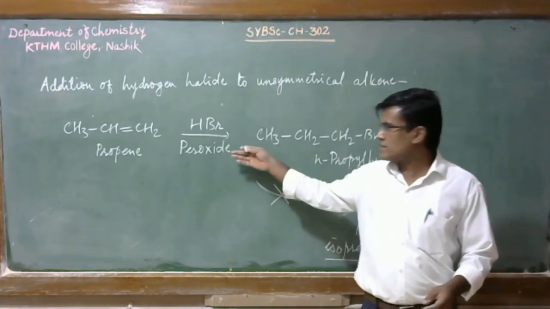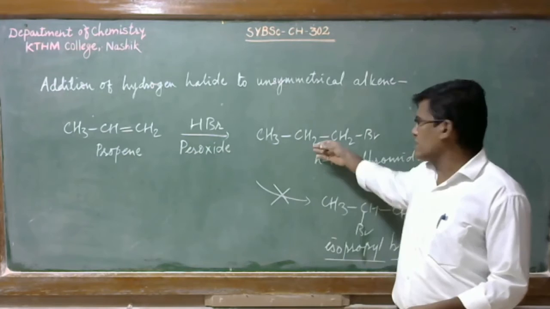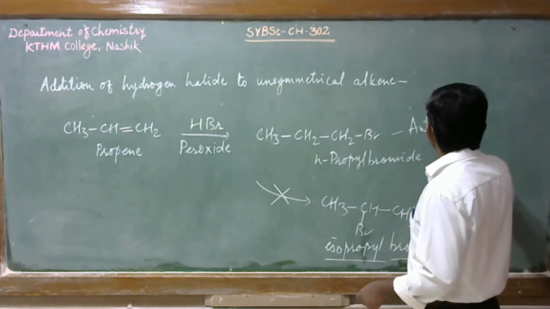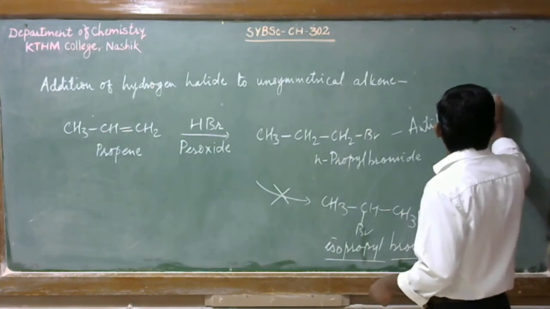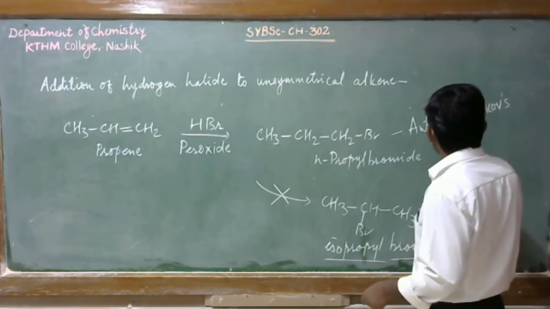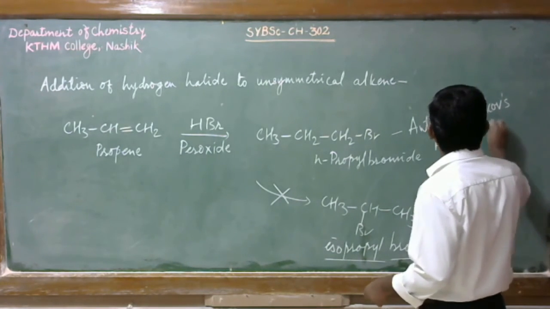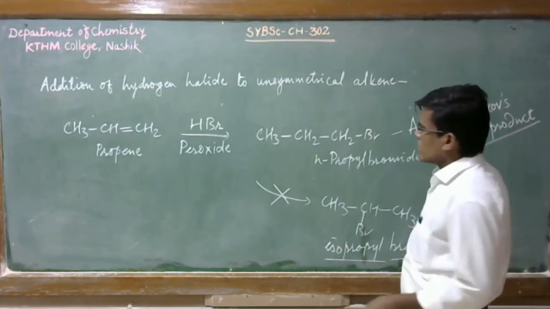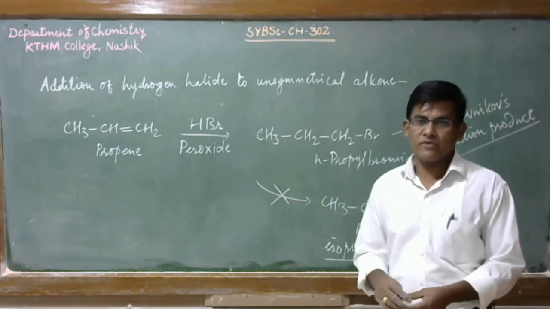So this reaction gives the anti-Markovnikov addition product. So a reaction in the presence of peroxide gives the anti-Markovnikov addition products.